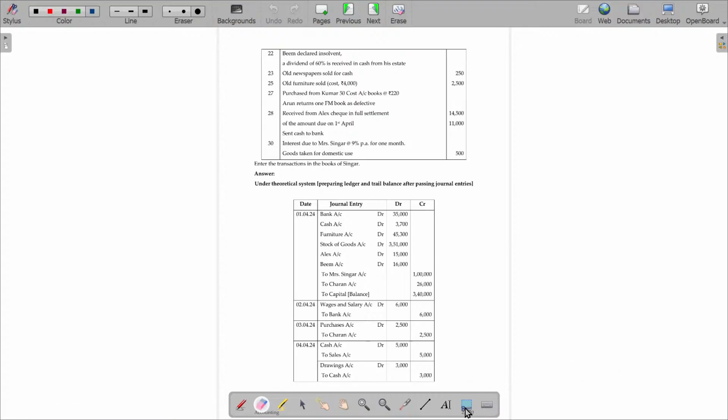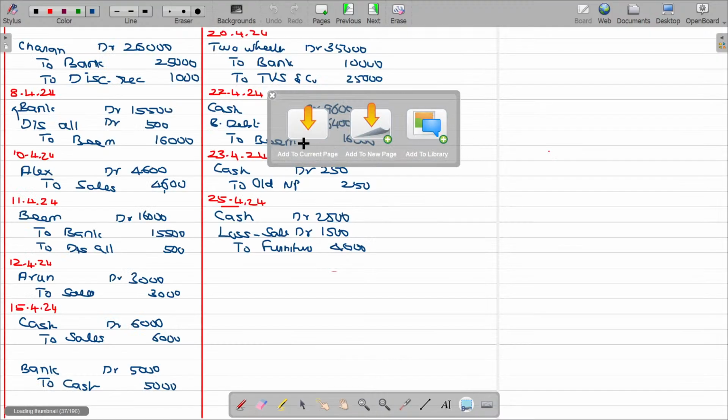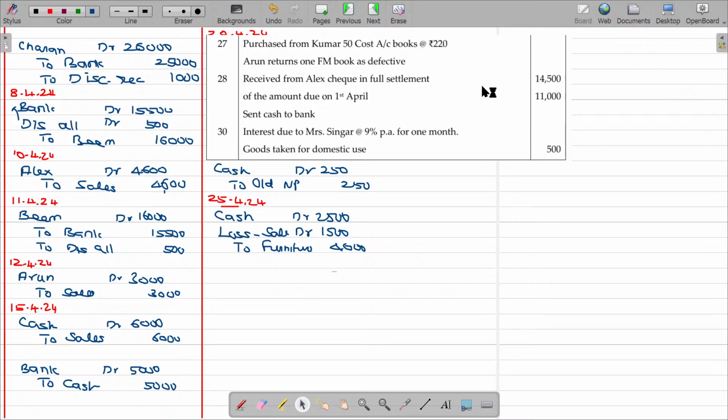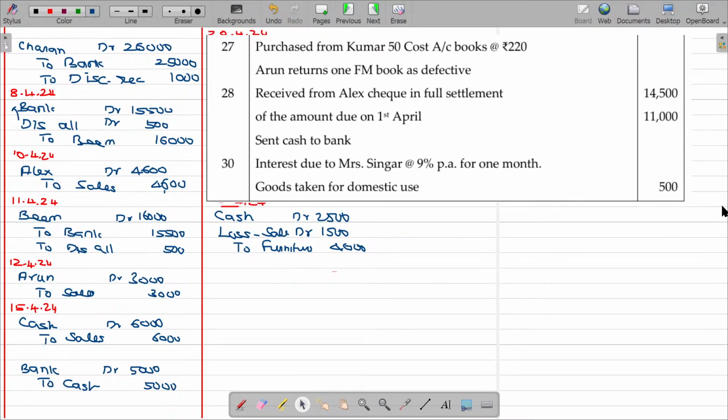After 25, we still have a few more illustration journal entries: 27, 28, and 30. Right. Purchased from Kumar 50 cost account books at rupees 220, means 11,000.